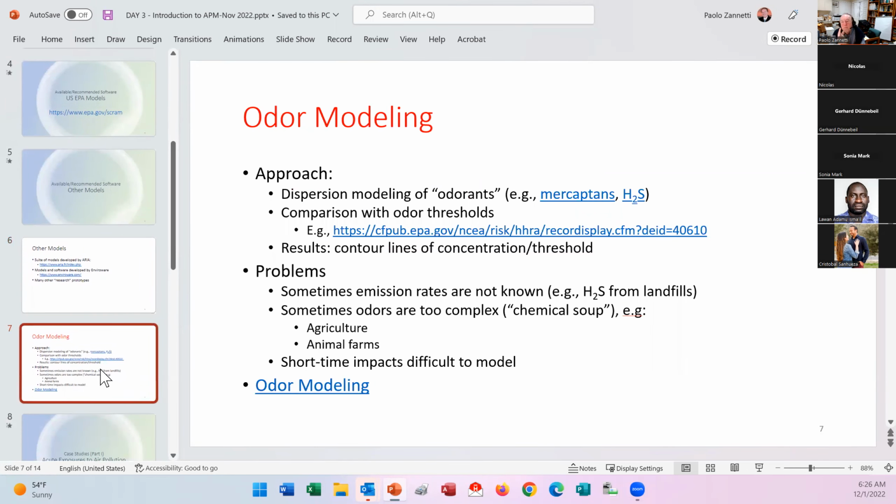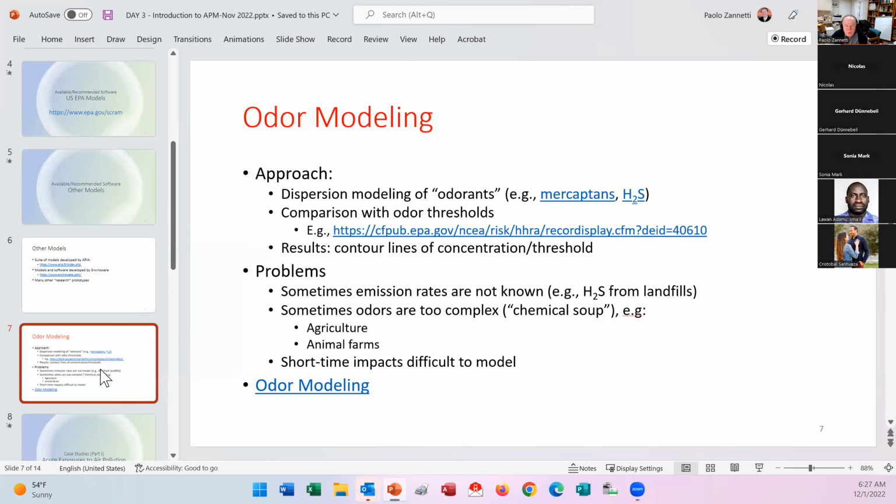Odor modeling. This is something that is quite important because in many cases, the main concern is not really air pollution and getting sick and getting cancer. In many cases, the major complaint of people is odor.